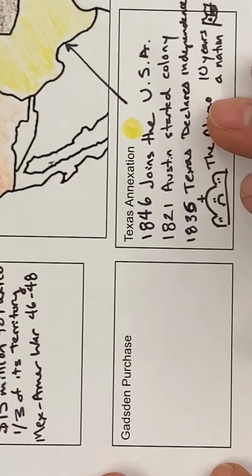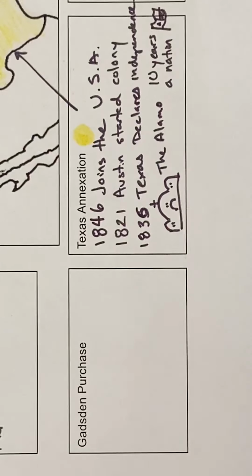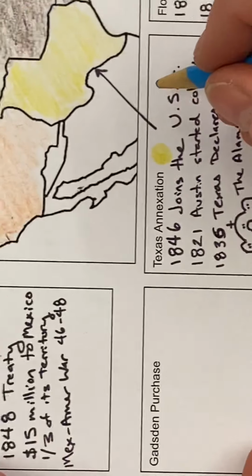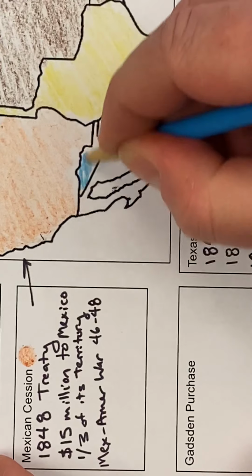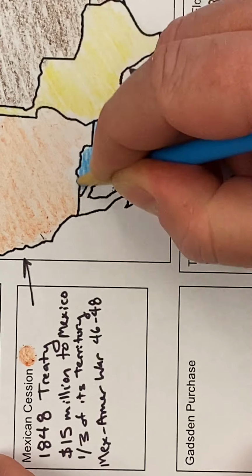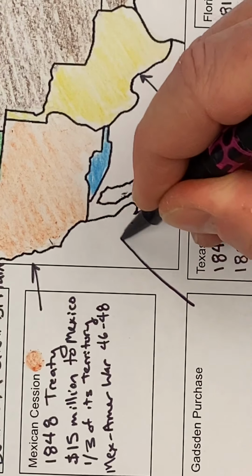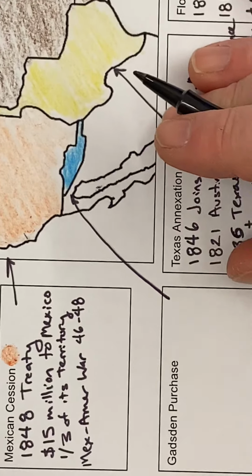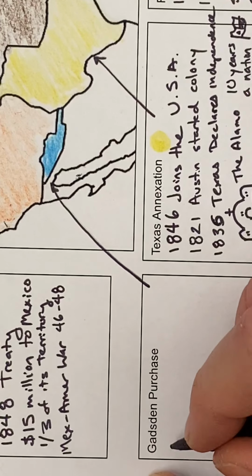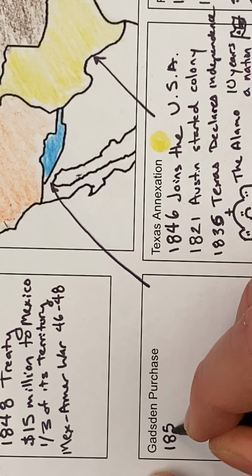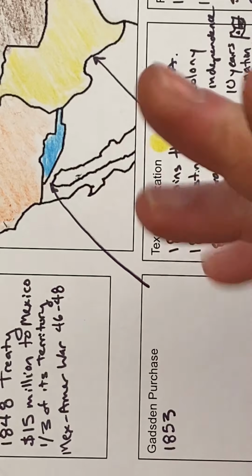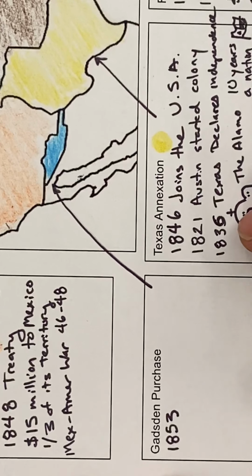All right, then finally is the Gadsden Purchase. This little piece at the bottom. Whoa, there we are. Sorry about that. And I'm going to color that light blue. Definitely an arrow on this guy. And this is in 1853. Let me double check my timeline there.